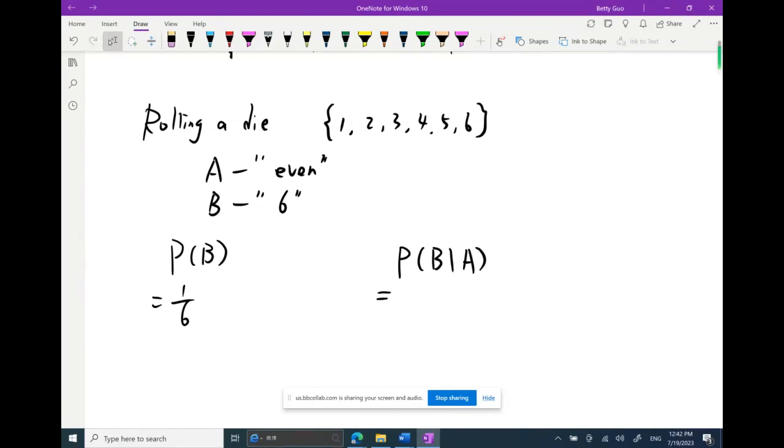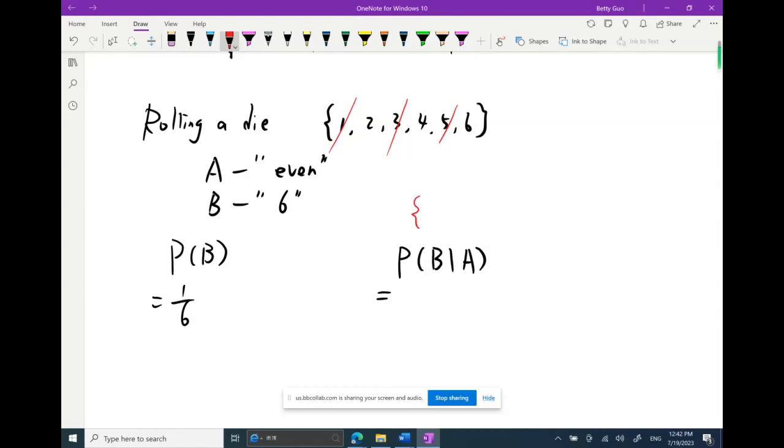In this specific case, P of B given A represents the probability that we get a number 6, given the condition that we already know the number is an even number. That means you will not consider 1, you will not consider 3, you will not consider 5, because they are not even. In other words, when we consider the event A already occurred, we already know the number is an even number.